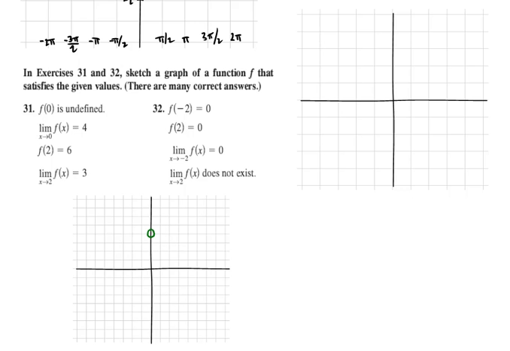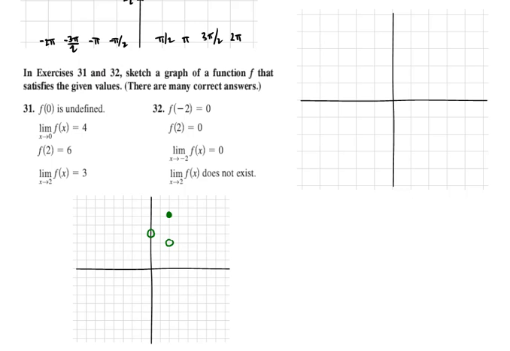We know that f of 2 is equal to 6, and so we can draw that point in there. And we know that the limit as x approaches 2 is 3. So that means we're going to have the same behavior from the left and the right heading into y equals 3 when x is equal to 2. And so I think we can at least draw one piece of the graph in.